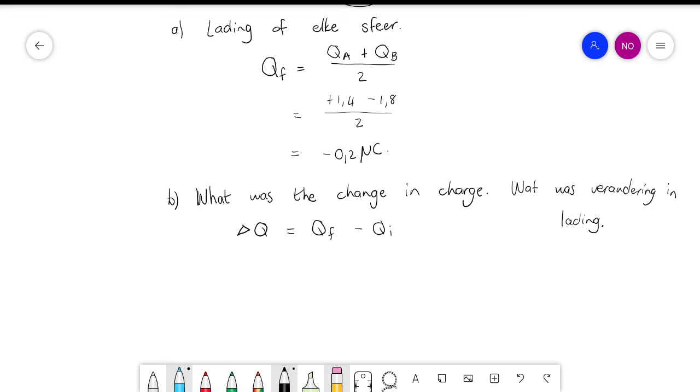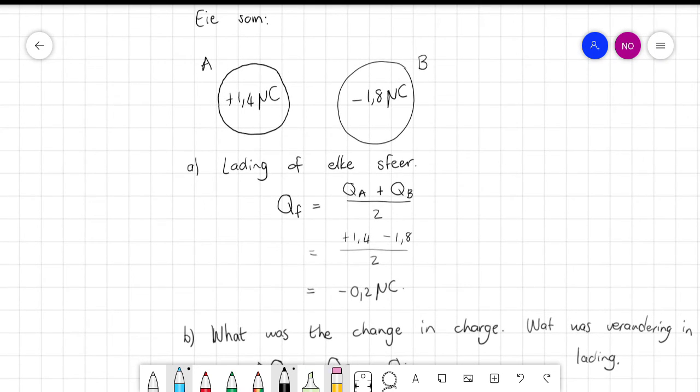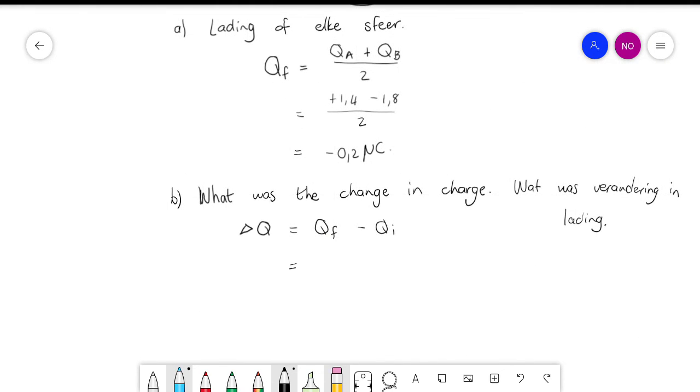Okay. What was the final charge on both of the spheres? Minus 0,2. Okay. Kyk, hulle albei het opgeëindig met 'n lading van negatief 0,2. Initial is voor die tyd. Final is na die tyd. Okay?